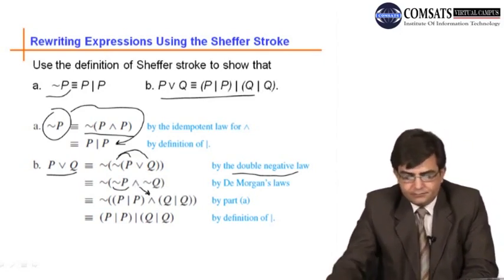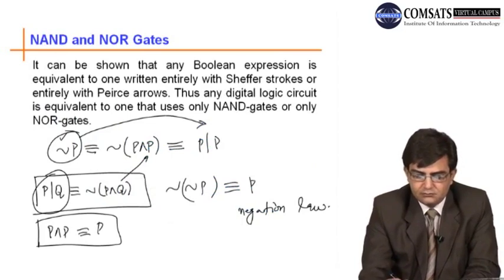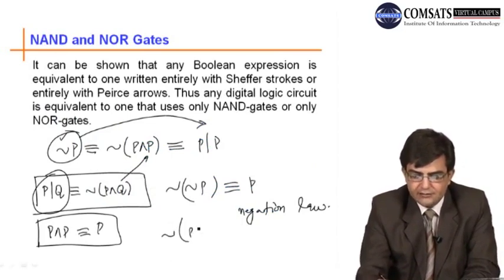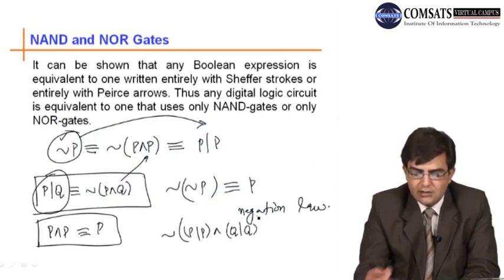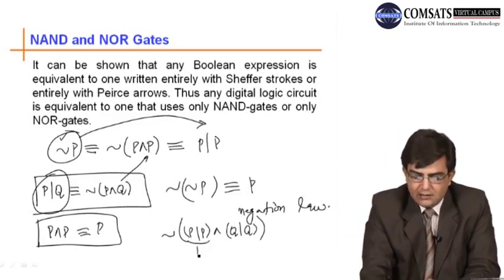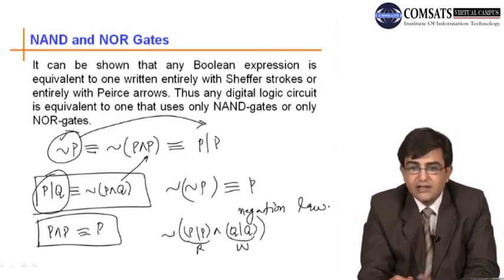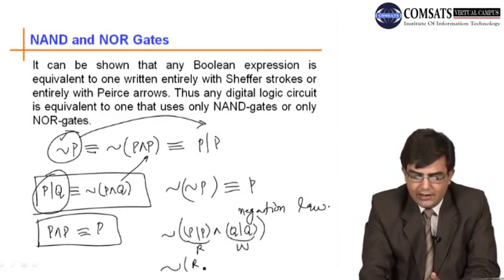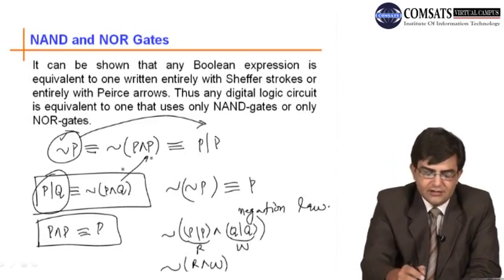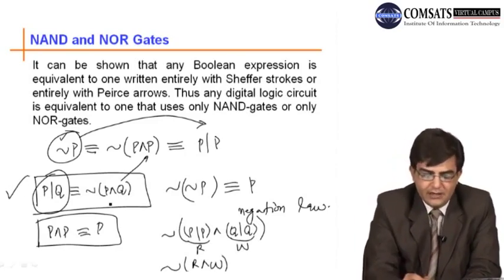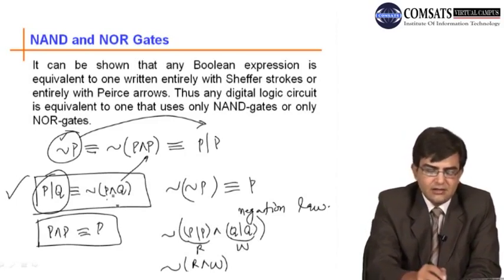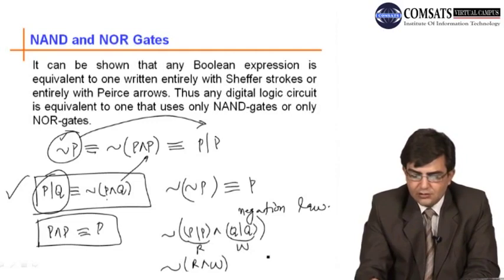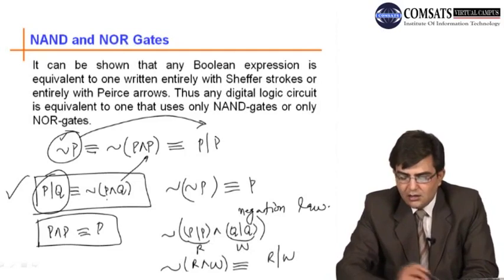Now here we have this expression not of P Sheffer-Stroke P and Q Sheffer-Stroke Q. If we suppose that this is R, this is W, then we have not of R and W. So by using the definition of the Sheffer-Stroke, not of P and Q is logically equivalent to P Sheffer-Stroke Q. So we can write it as R Sheffer-Stroke W. Now what is R?